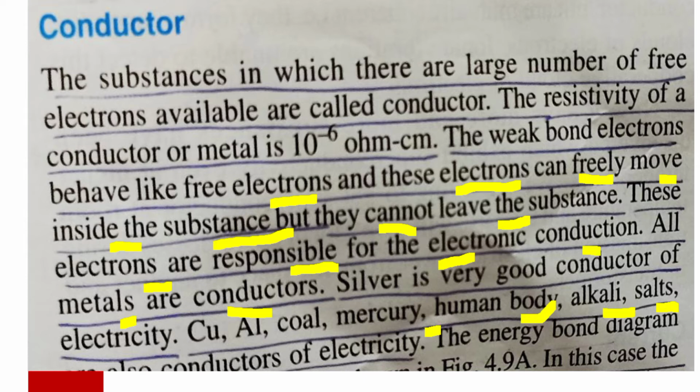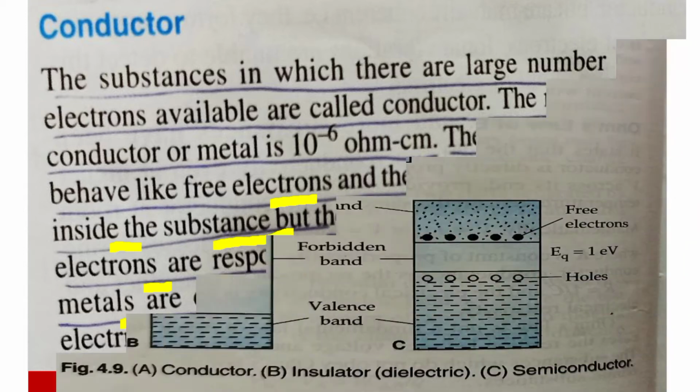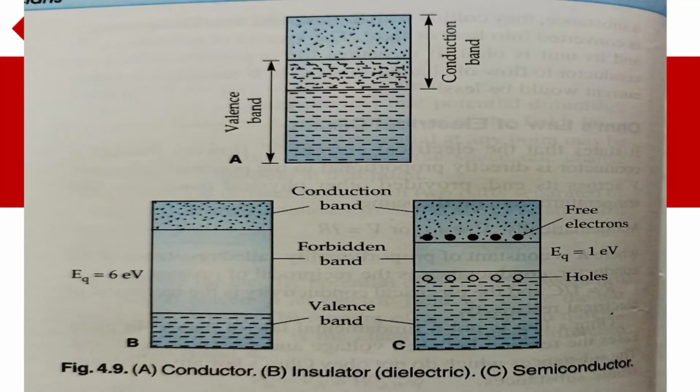I have also provided a diagram. This is the diagram of conductor, insulator and semiconductor. Insulator is also known as dielectric. Here we can see the conductor. In the conductor, this is the valence band, here is the conduction band, and there is no forbidden gap.